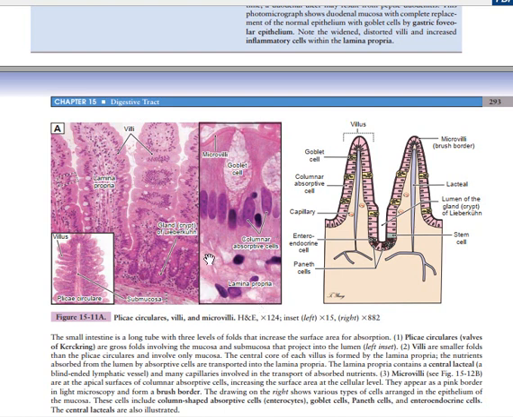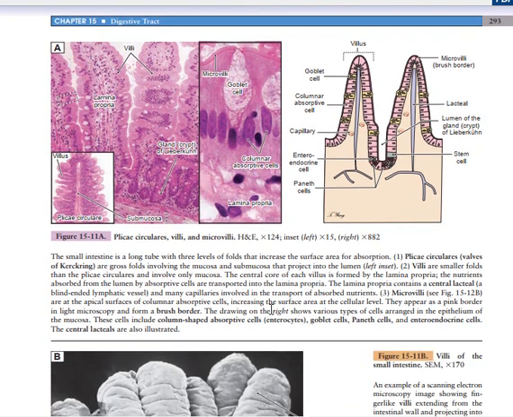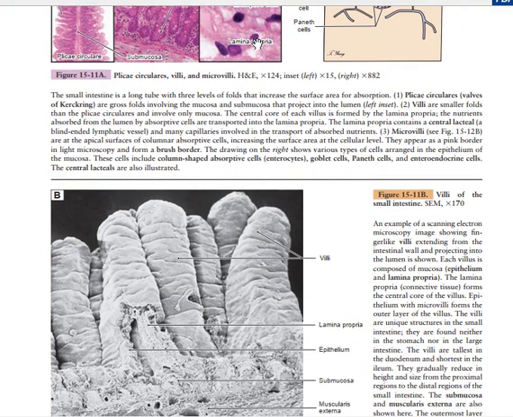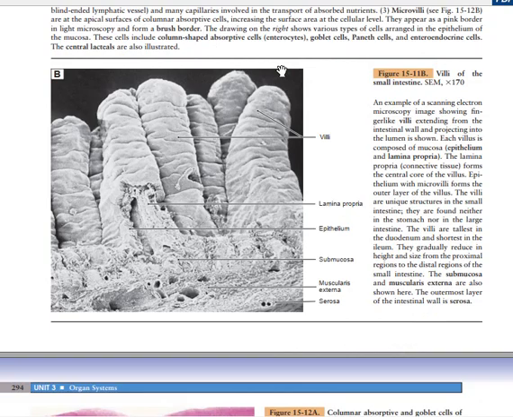And underneath you have the lamina propria, then the muscularis mucosae, and then the submucosa. So this is the diagram of a villus out of many villi. These are villi here with the lamina propria underneath. You can see epithelium, and then the submucosa here with the muscularis externa and the serosa.